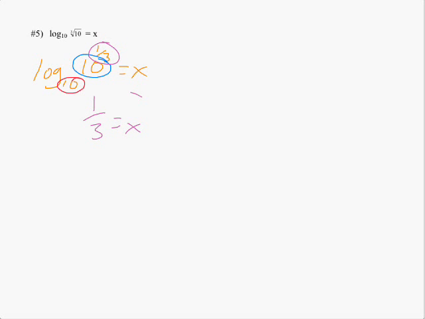If you recall what logarithms are, what this problem is saying is 10 to what exponent, because that's what this x is, would equal 10 to the 1/3? Obviously, it would be 1/3, because a third equals a third.